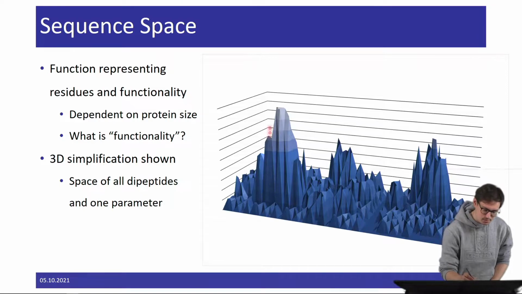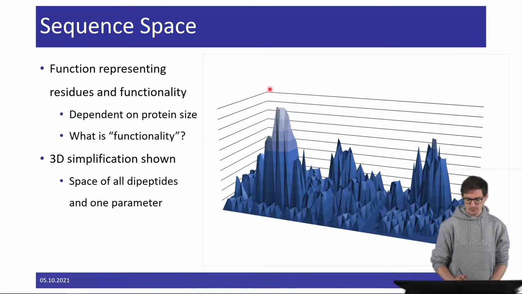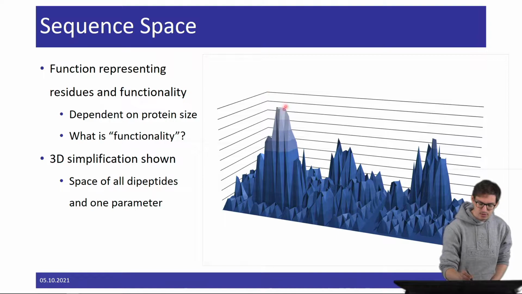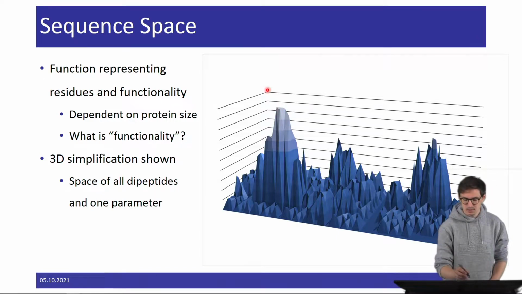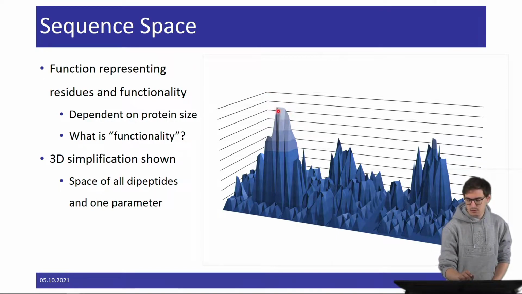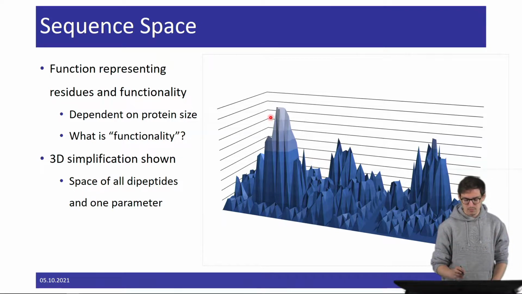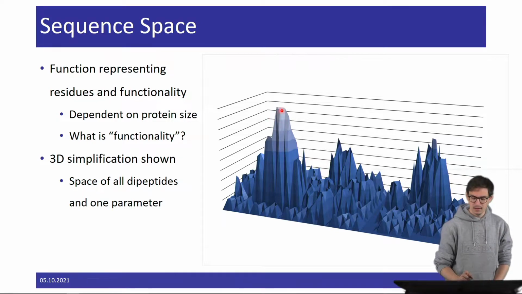And then this would be one functionality parameter. So in this case, we say that high functionality or high activity, let's call it, is very good. So we see that these peaks are very good, and these troughs are not very good. So we want to search a protein, an arbitrary protein that is high activity. We say that this represents a standard protein about the size of 200 to 300 amino acids, but we remember in reality these only represent peptides, dipeptides, so of length 2.